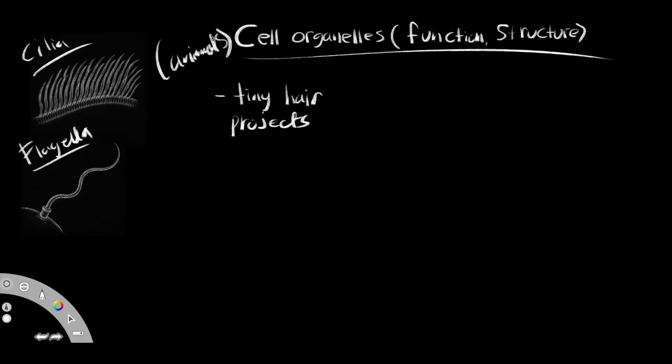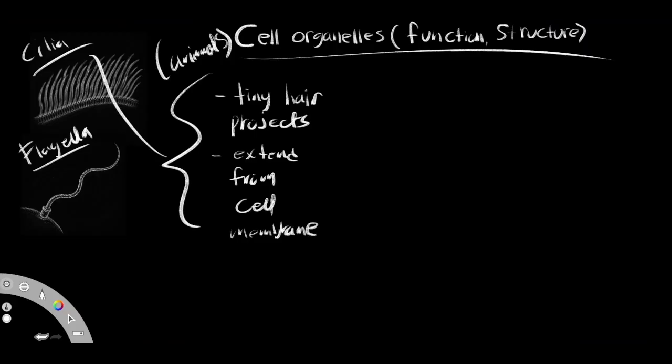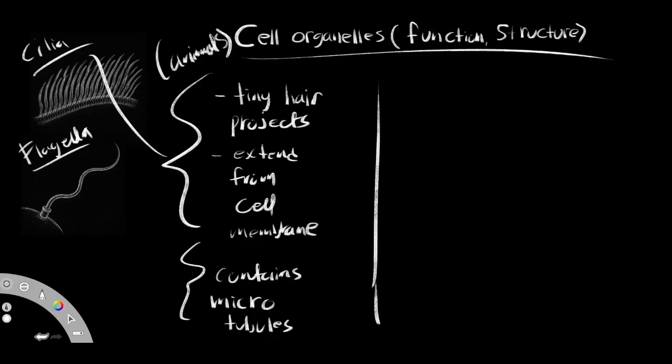They kind of look like a hair and extend from the plasma membrane or cell membrane. It means the same thing. Alright, so these particularly more belong with the cilia, okay? And then this one over here I'll indicate for flagella. It contains microtubules. Generally, both are actually for movement. So if I were to put a big section over here, it's for movement.